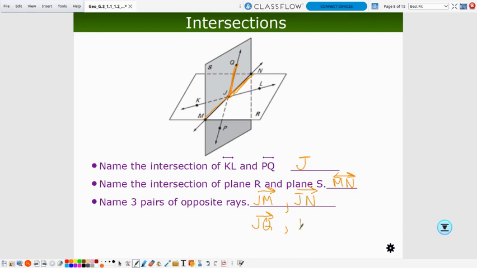Its opposite ray would be JP. We also have JK with its opposite ray, JL. And again, make sure you're naming your rays by the endpoint first.